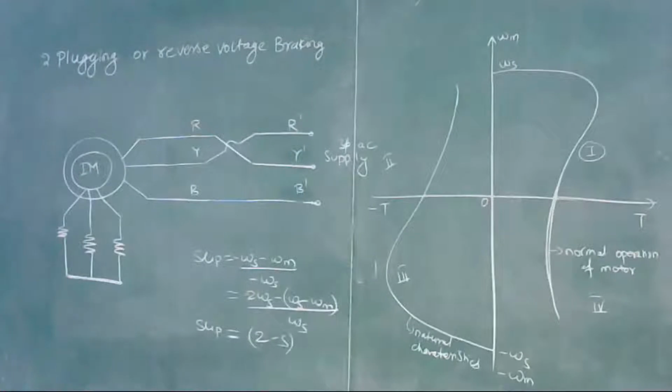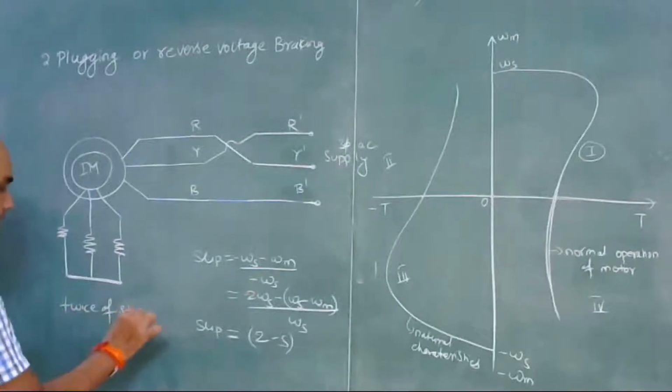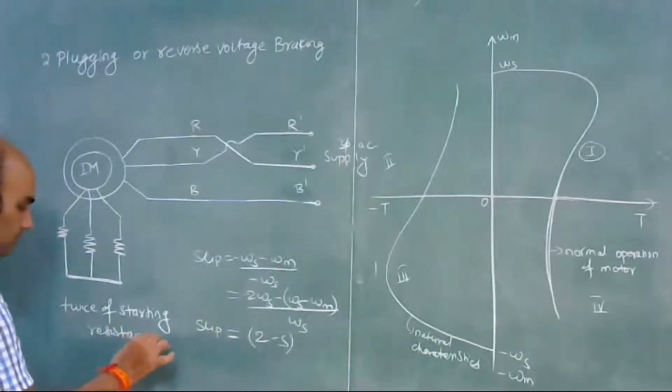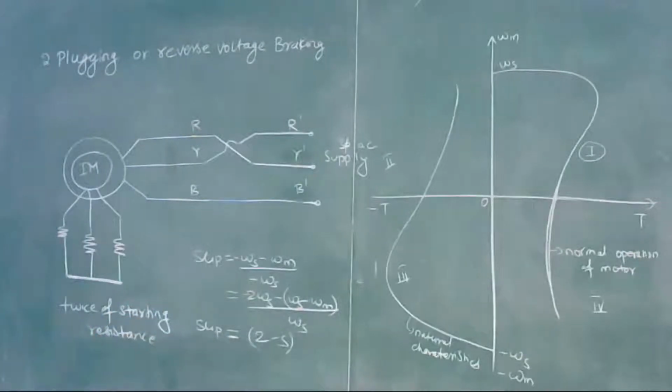so we have to insert this rotor resistance in such a manner that it should be twice of the starting resistance, so it can withstand some braking current.